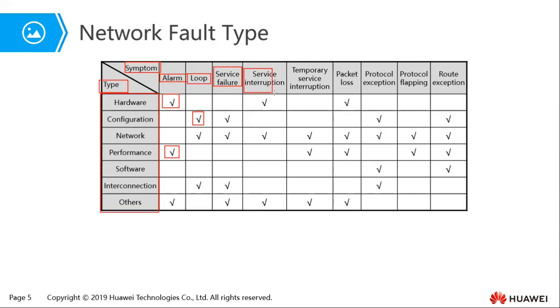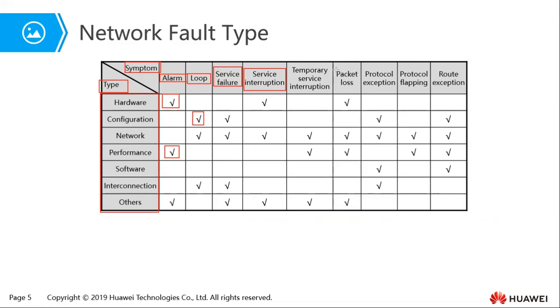Then service failure, things that will cause the service to fail. Service interruption. What is the difference between service failure and service interruption? So service interruption is temporary and most of the time slows the service.